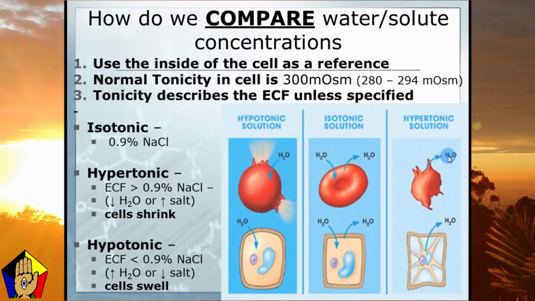I reduced it. So the water out here is low. The water in here is still the same, high water compared to out here. So the water races out and shrivels up the cell. The cell will shrink, it can't carry out its metabolic reactions, and it dies. It's like shrinking bacteria to kill it when you cure meat.